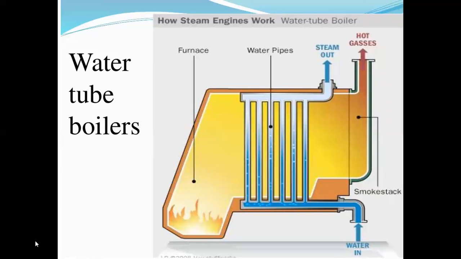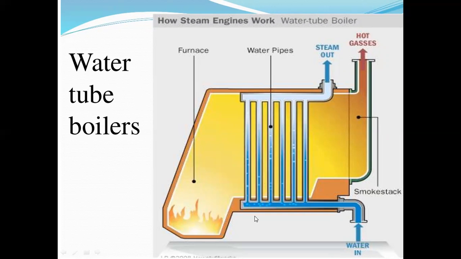This is the figure which shows the water tube boiler. Here the furnace is located outside the drum, that is, it is externally fired. These are the water tubes, and this is the complete boiler drum.